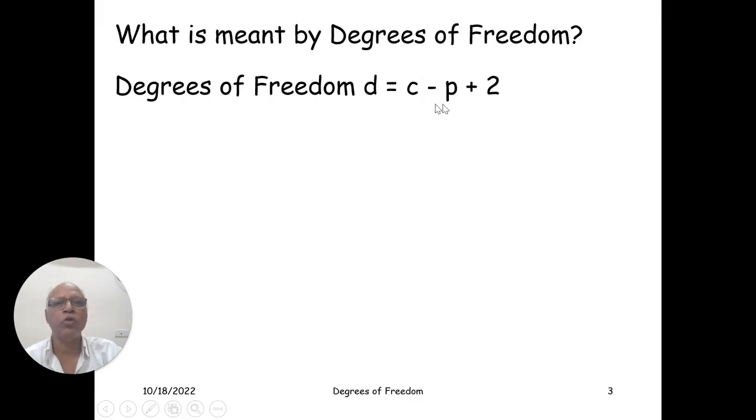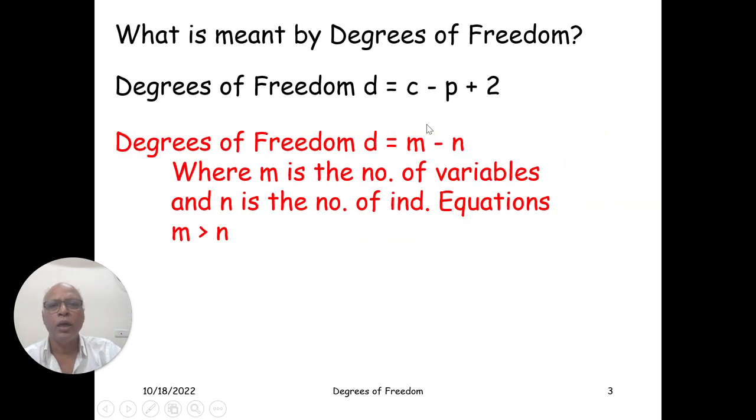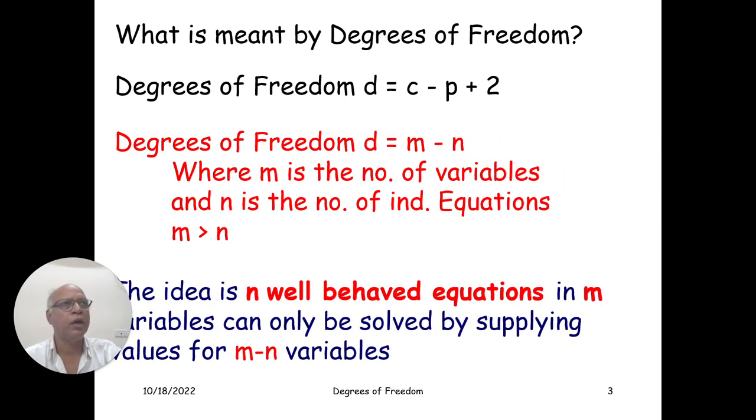D is equal to C minus P plus 2, where D stands for degrees of freedom, C stands for number of components, P stands for number of phases. Probably you might have derived this relation from a conventional approach. In general, degrees of freedom can be defined as M minus N, where M is the number of variables and N is the number of independent equations.